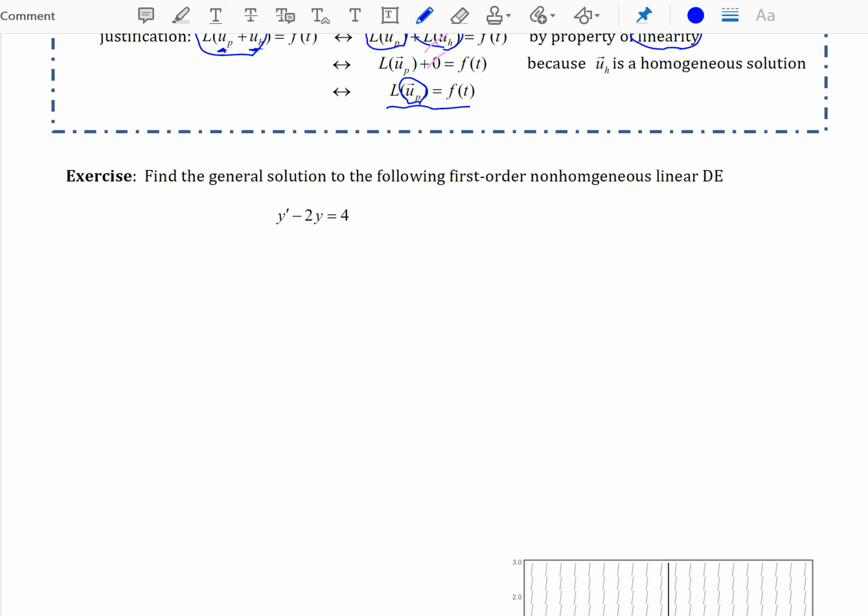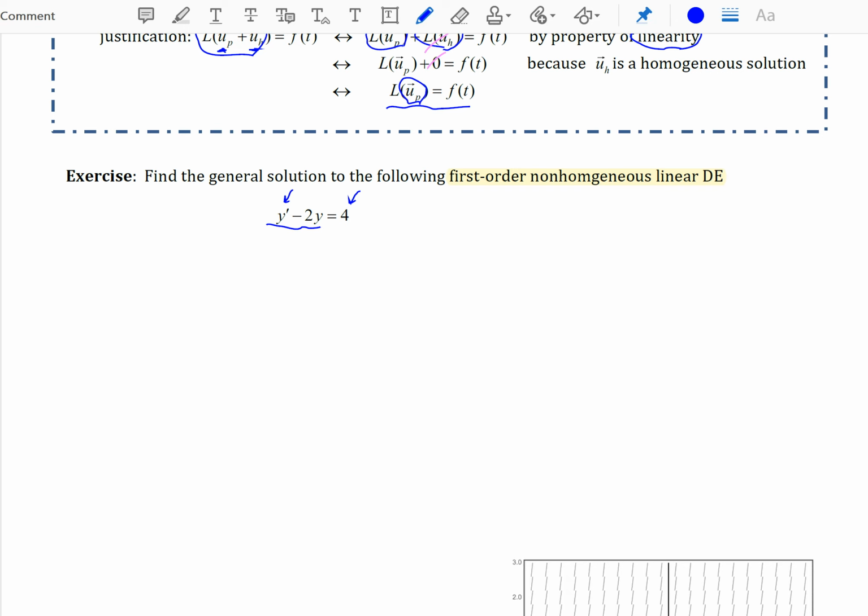So first, what I'd like you to recognize here is I'm giving you a first-order, non-homogeneous linear DE. Remember, this terminology is important. When I say it's first order, we're talking about something with a first derivative. It's non-homogeneous because of the 4, but it's a linear DE because all of the variables y are raised to the first power. There's no square root of y, something like that.